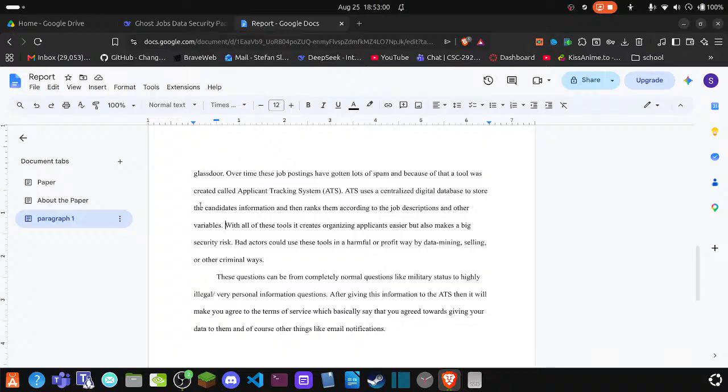It uses candidates' information that they gave when the ATS asked questions during the application process. Okay. Criminal ways.